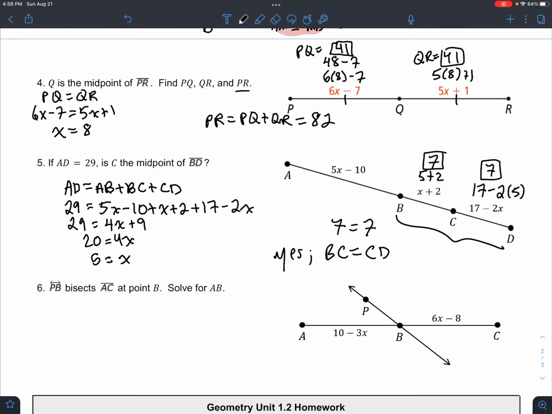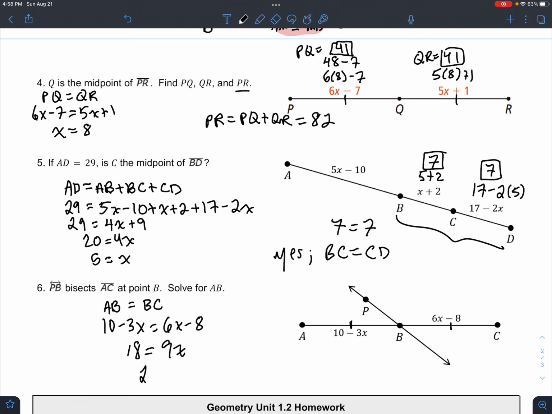Okay. And then the last one. PB bisects line segment AC at point B. That's what the picture is showing us. And when they say bisect, I know for certain that there actually are dashes here. And those dashes, whenever you make dashes like that, you almost always are going to set up an equality, which I'll just go ahead and solve then for x.